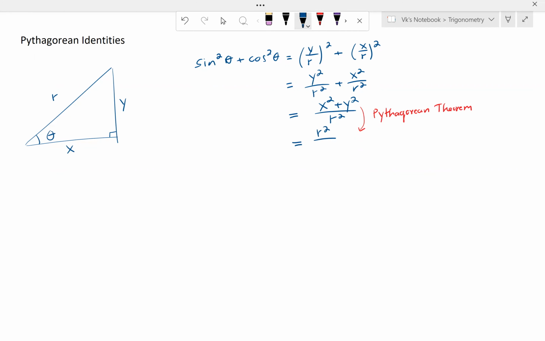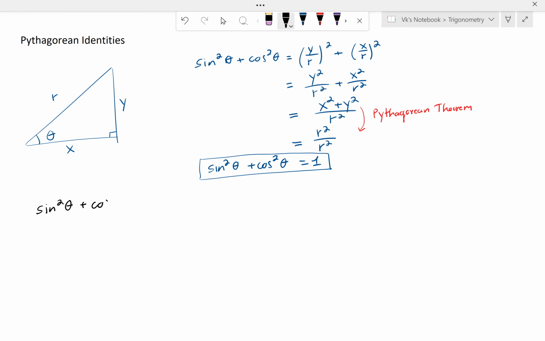And therefore, sine squared plus cosine squared is 1. Very nice Pythagorean identity. From this identity, we can have 2 more.